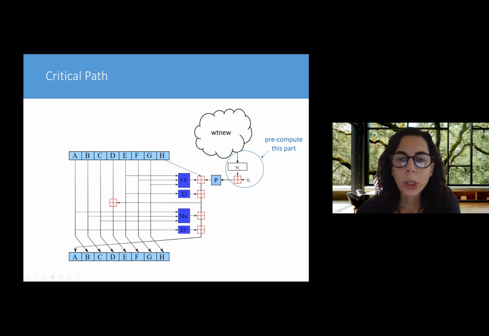Now, if we could pre-compute some parts of this, then we remove this from the critical path, meaning that at, say, cycle 3, we have pre-computed in cycle 1 these values, and then we did the 2-cycle-ahead computation and combined this in the last cycle with this.